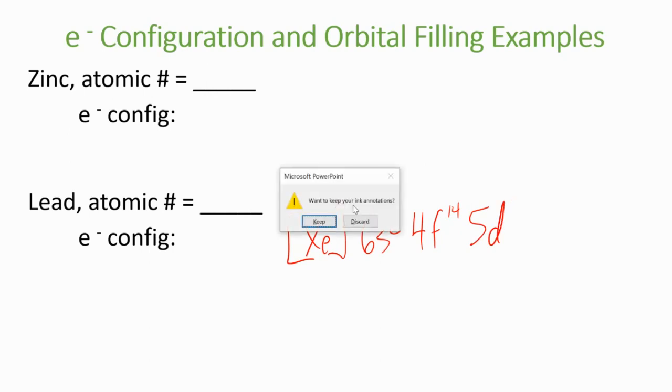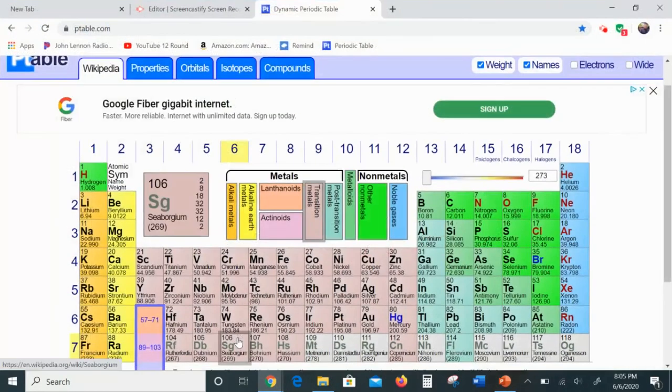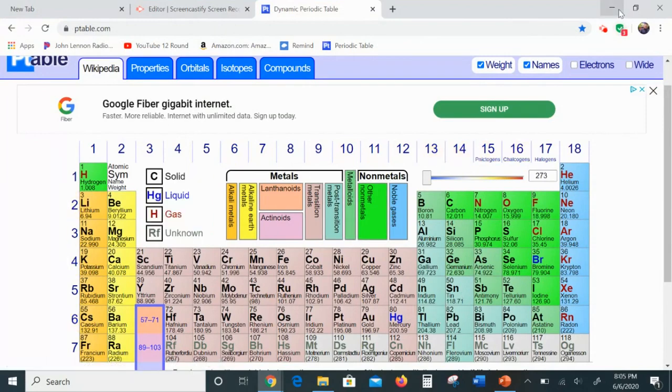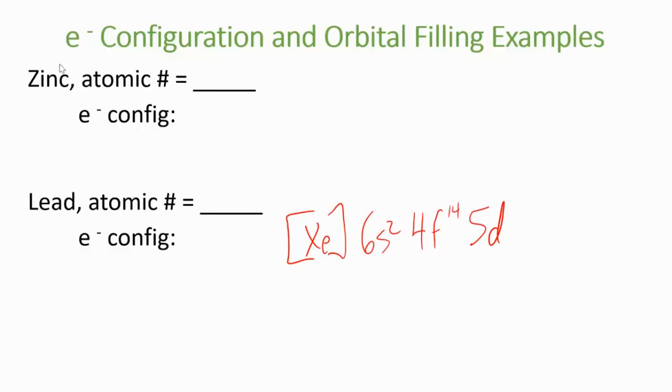Where was lead? Yeah, so lead is 2 over in the p block. So we're going to get through all the 10, and then 6p2.